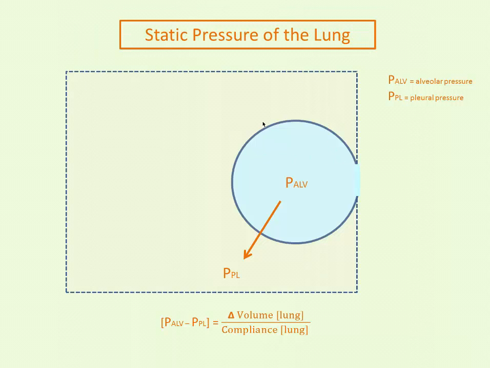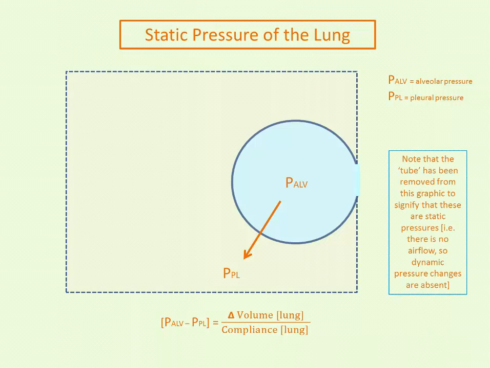So I've made this schematic to represent the static pressure of the lung. You can see that I've removed the tube. That is, I've removed the dynamic aspect of the pressure here, and this only deals with this transmural pressure, that is the alveolar pressure and the pleural pressure, and this is the determinant of lung volume.